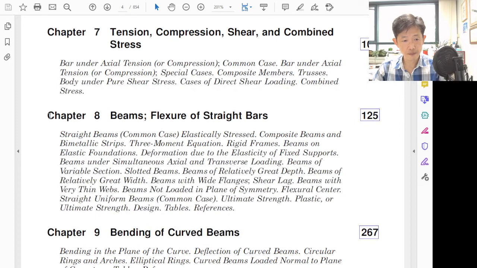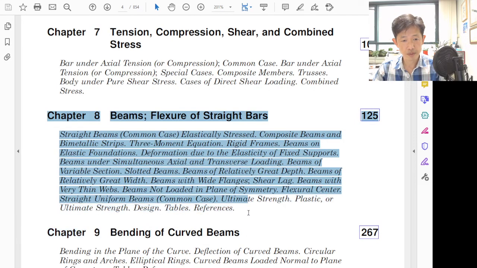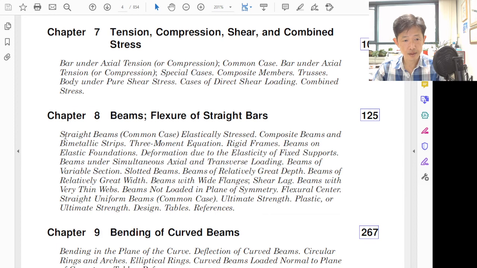And for beam problems, now we are talking about beam problems here. They provide various formulas for beams in flexure, straight bars, straight beams, rigid frames, and beams on elastic foundation.